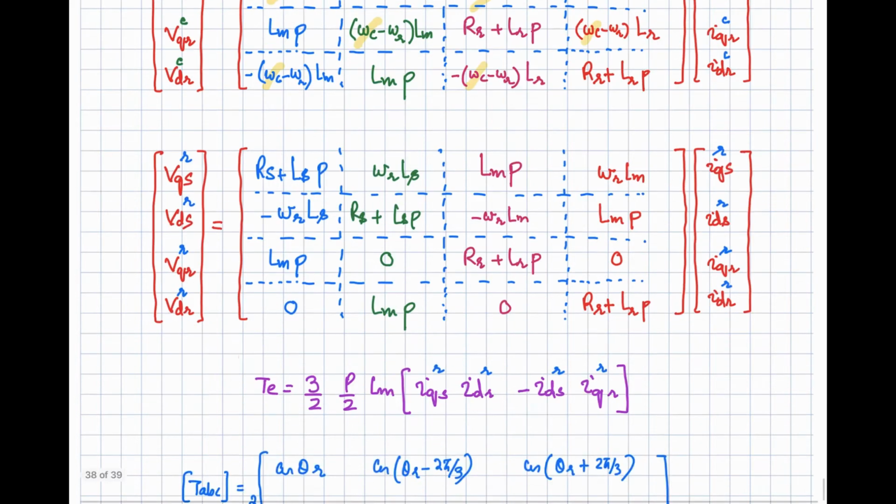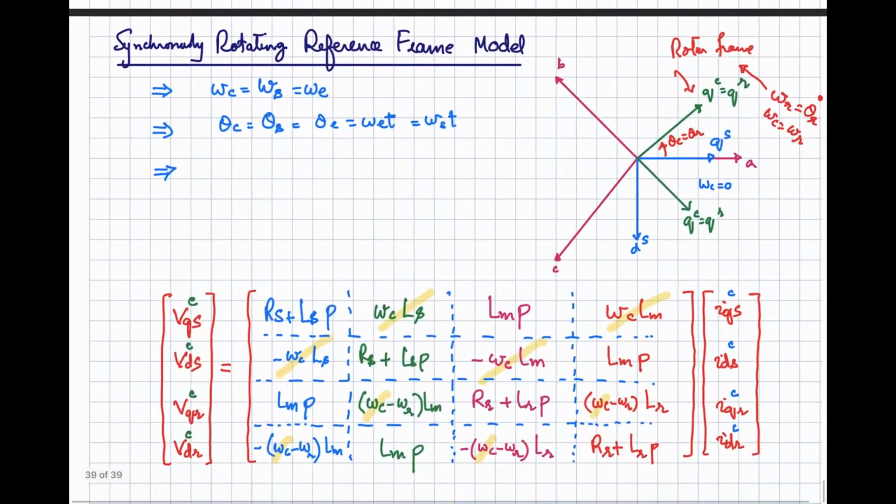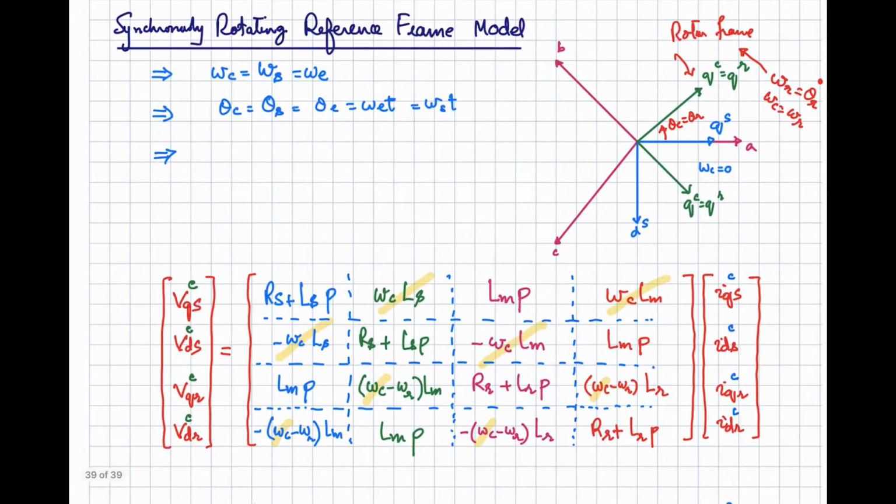Then the next frame of reference, which is commonly used to represent your induction motor, is the synchronously rotating frame of reference, in which we consider that our DQ frame of reference rotates at the synchronous speed. So I am going to draw a frame of reference. This is the Q axis, but now it is rotating with the stator speed.